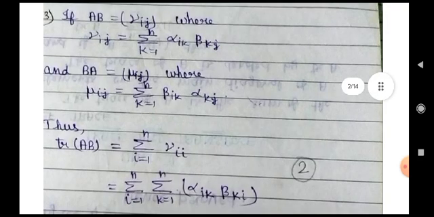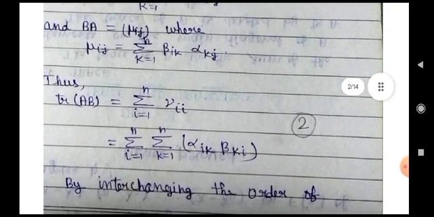Thus, trace of AB equals summation i equals 1 to n gamma ii, and that equals summation i equals 1 to n summation k equals 1 to n alpha ik beta ki.